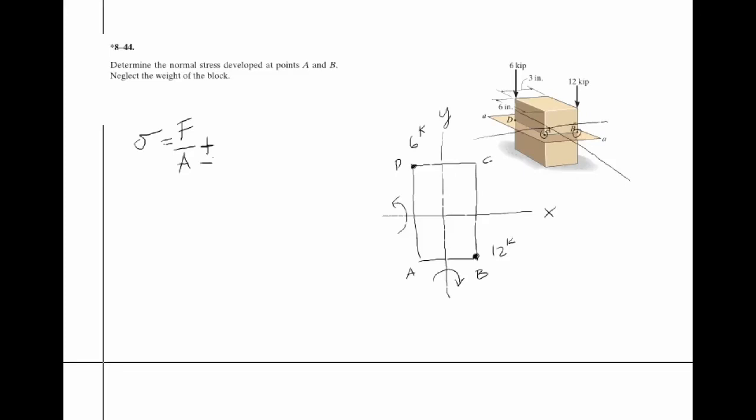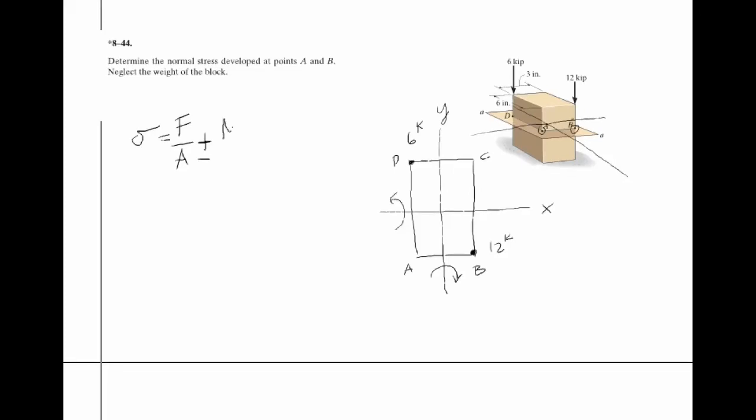You've got the moment due to a certain axis over the inertia, times c, and then plus or minus, you have to determine the direction, the moment times c over the other inertia.